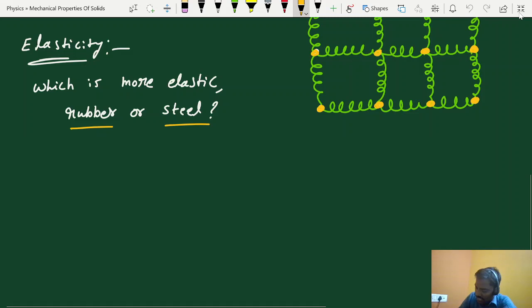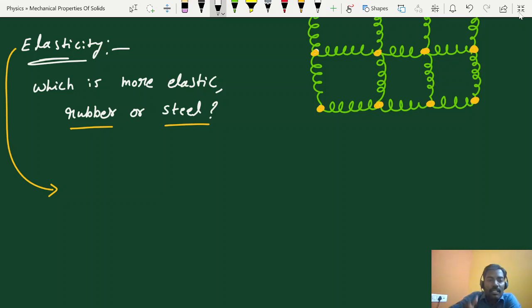elasticity. Elasticity is defined as the property of the material by virtue of which the body opposes the changes in the shape or size of the body when the deformation force is applied and the body regains its shape or size once the deformation force is removed.